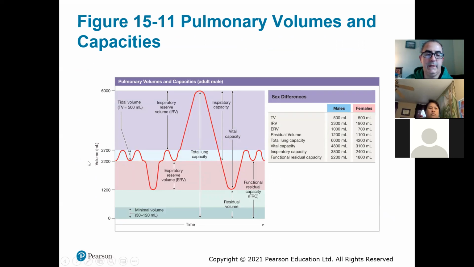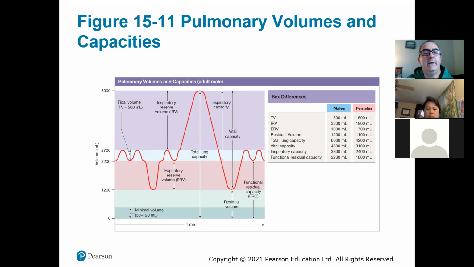right, it looks complicated at first, but what I want you to focus on first is in the middle here, this small red wave in the middle. That is tidal volume. So you can see the label right here above it, tidal volume. Right, that's how much air you can get in and out in one breath. Just normal breathing, normal everyday breathing.